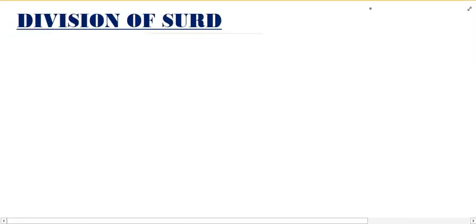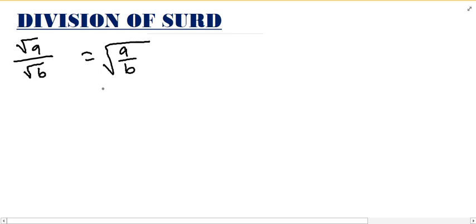Okay, division of surds. When we have two surds dividing, like surd A over surd B, based on the situation, we can take them separately or we can take them together, A over B. So any of the ways is still good to work with for your surd division. For instance, I can have surd 7 over 2, the same thing as surd 7 over surd 2. Okay, let's see this question now.